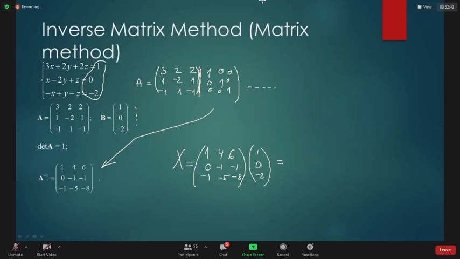And now what we have is to find the first element of this matrix X. We need to take first row and multiply it by the one and only column.